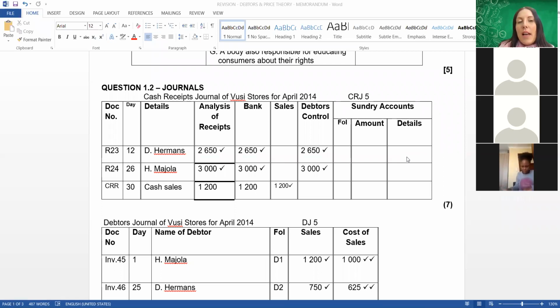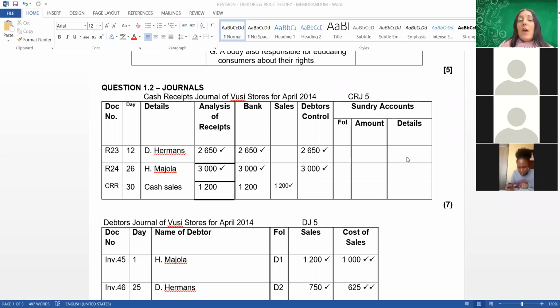Now, can you see grade 9s that they didn't give us an amount at all? But if you go to your exercise, by the instructions and information, they gave us the list of debtors' balances. And there we saw H. Madola owed 4,500 and D. Hermans owed 2,650. So that's obviously the money that he was still owing from the previous month.